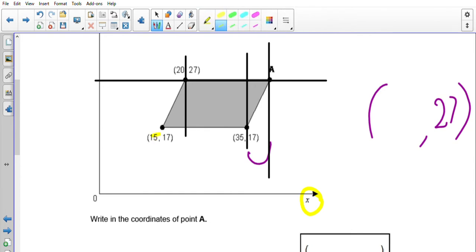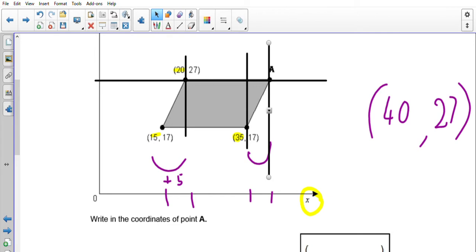I can see that these change by 5. It's gone 5 more along the x-axis from here to here. That means the same thing is going to happen here. It's going to increase by 5. So if I look at my x coordinate here of 35, it's going to follow the same procedure. It's going to increase by 5. That means that one is going to be 40, which is going to give me the coordinates for my point A here.